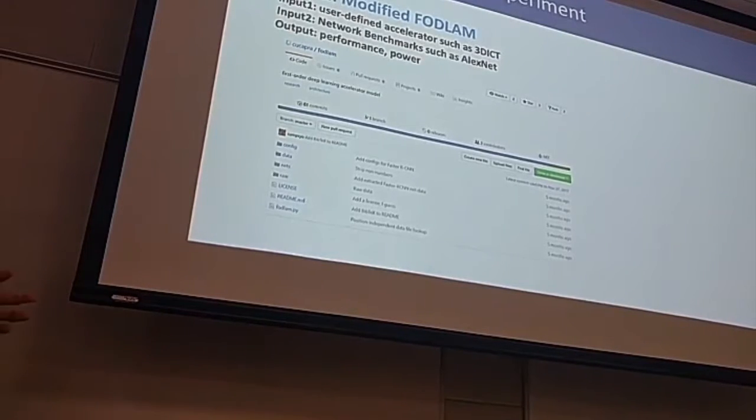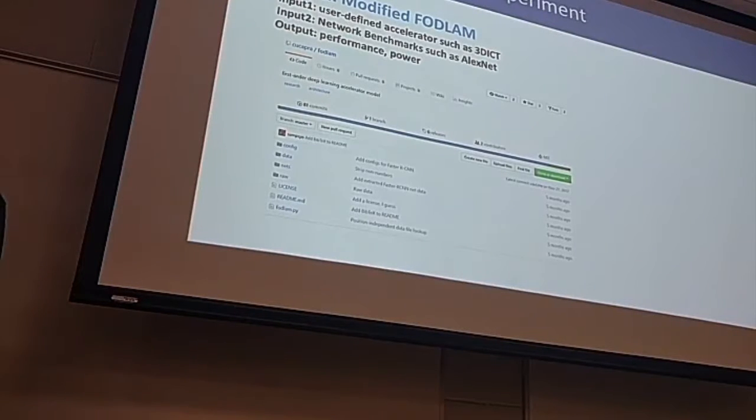So my experimental modeling used FODLOM, this simulation tool. For this FODLOM, there are two inputs. The first input is the user-defined accelerator, such as our 3-digit.